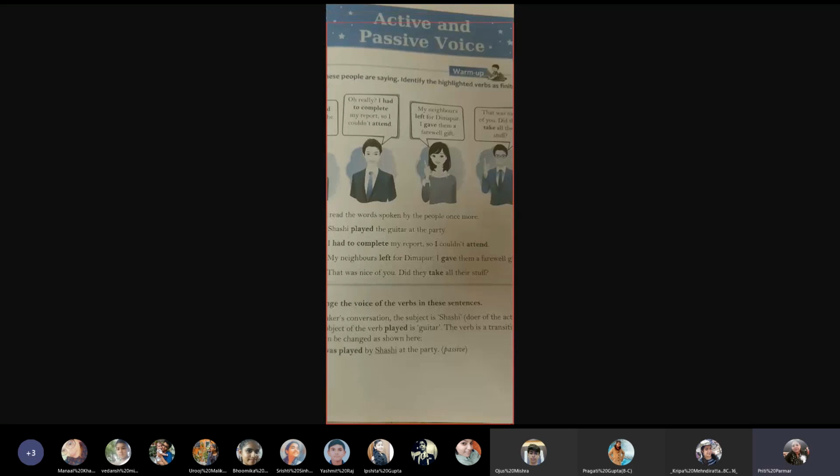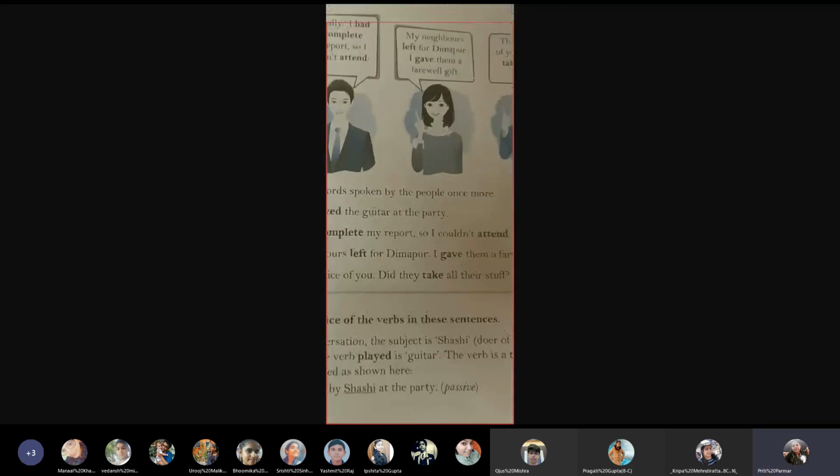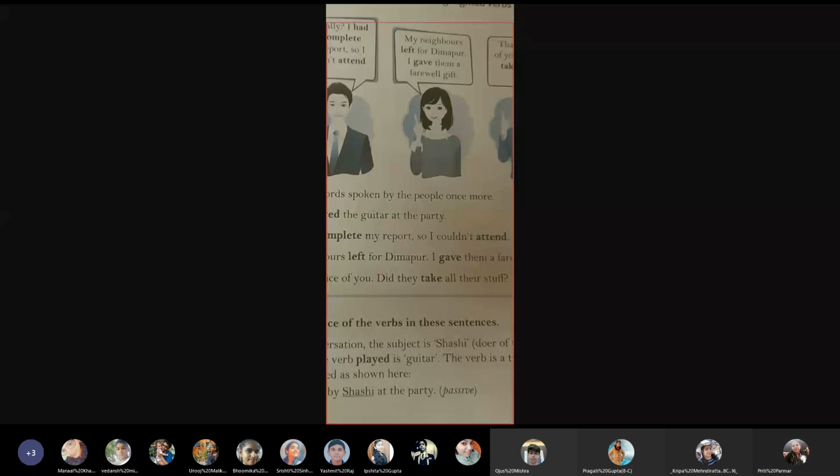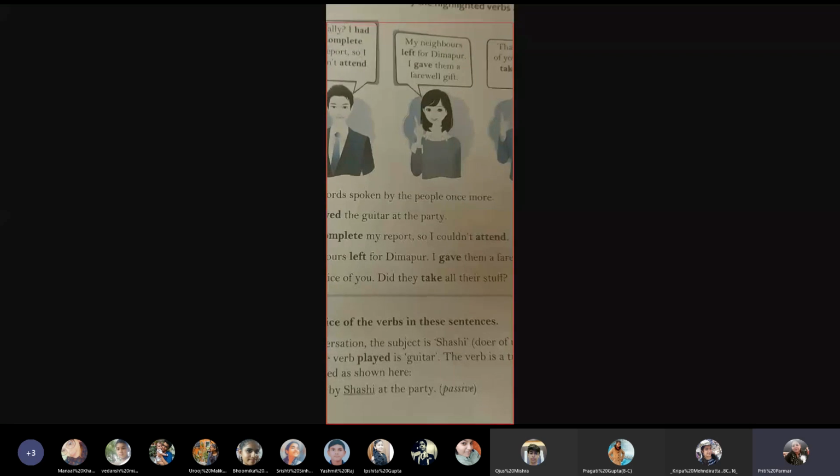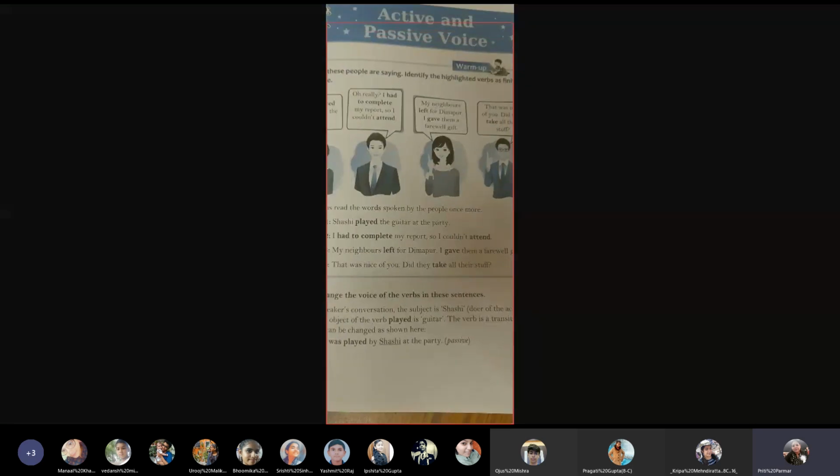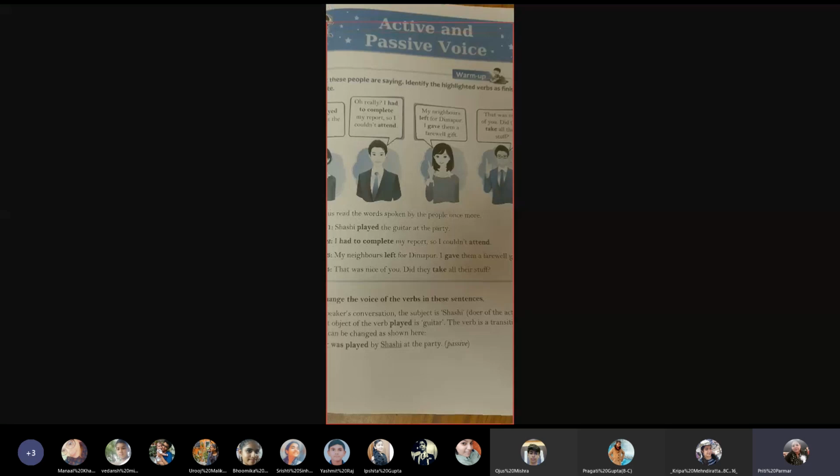For Dimapur is not the object. It is giving you extra information. So here, my neighbors is the subject, the verb is left, and it doesn't need an object. So it is an intransitive verb. That means it will not be changing.